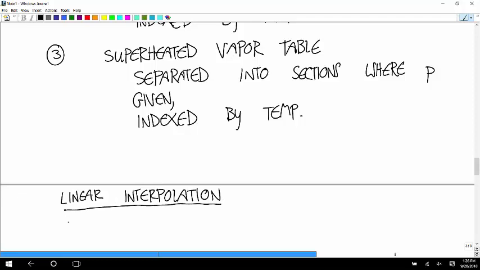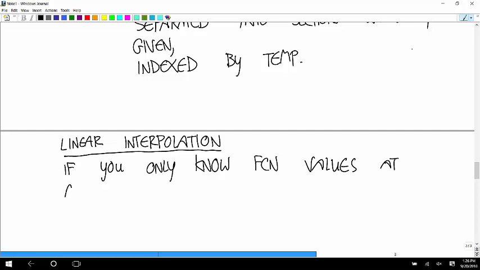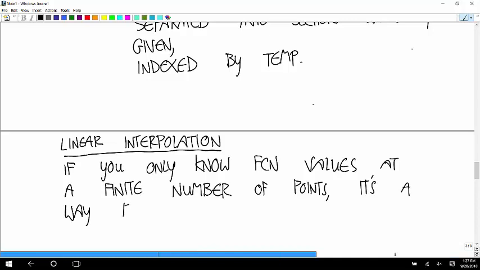So the idea is, if you know function values, let's say if you only know function values at a finite number of points, this is a way to approximate function values between the points.